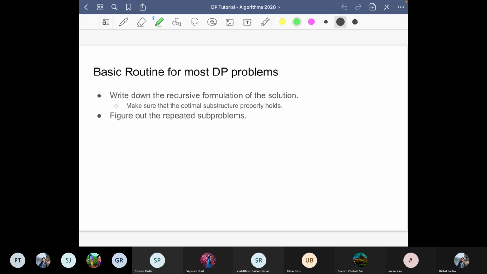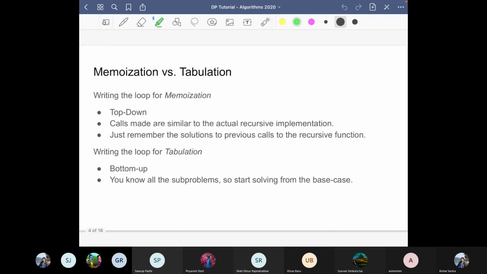The basic routine that we usually follow, as has also been discussed, is to first identify a recursive formulation for the solution and find out whether the optimal substructure property holds, and then see whether there are repeated subproblems that will lead you to a dynamic programming based solution. We'll try to do that in these two problems today. The two general approaches you can follow are memoization and tabulation.